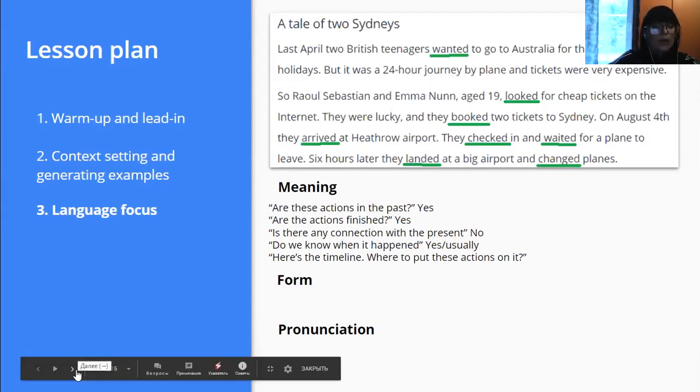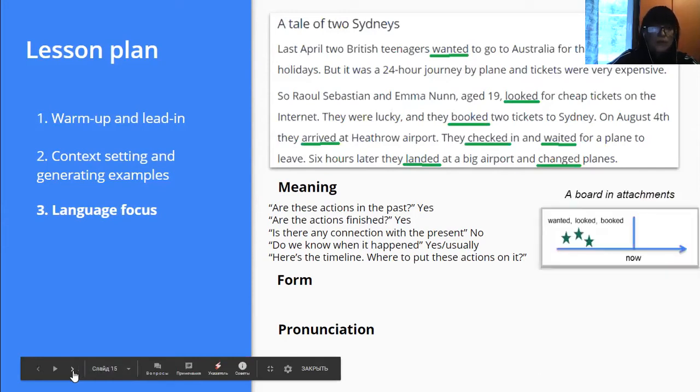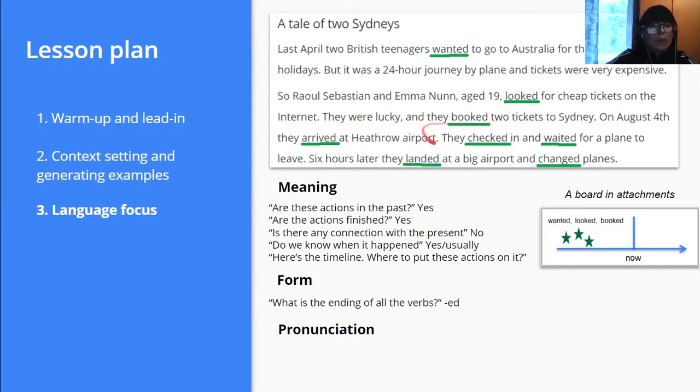Afterwards, we are likely to be talking about form. For instance, what is the ending of all the words? Look, want, wanted, look, looked, book, booked, wait, waited. What do you see?